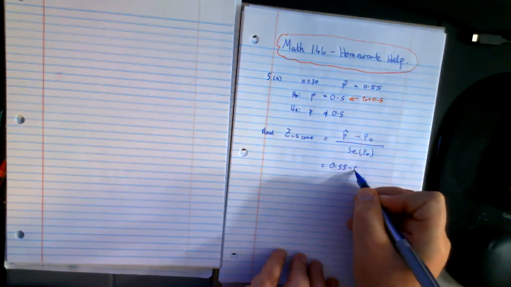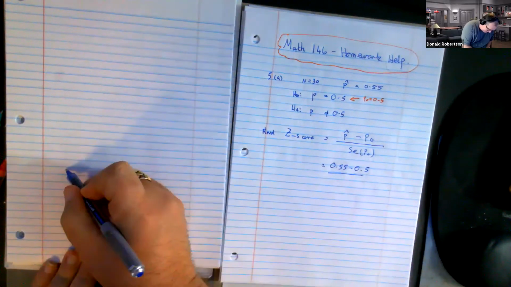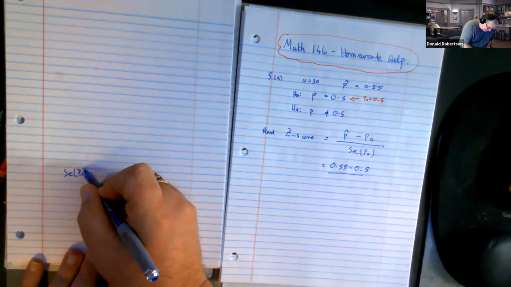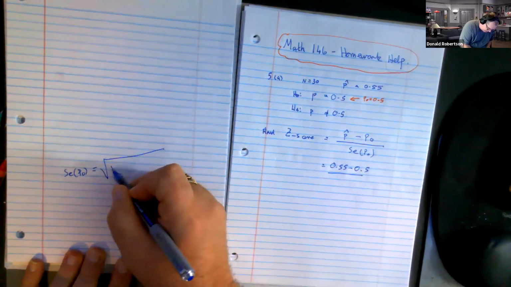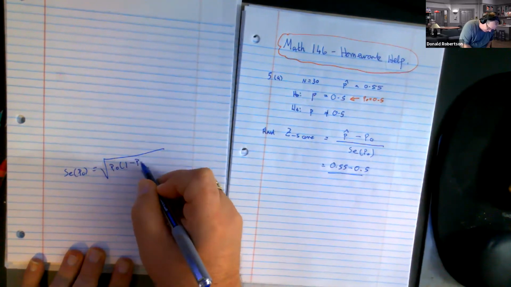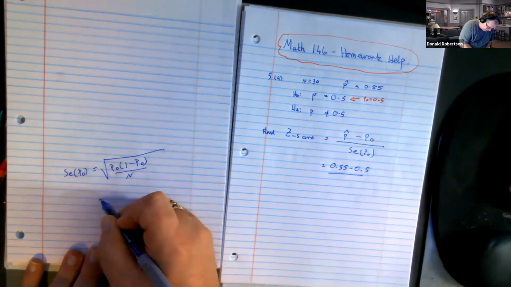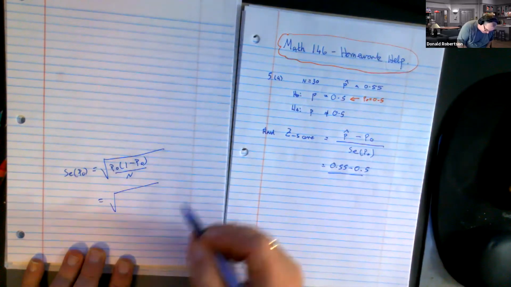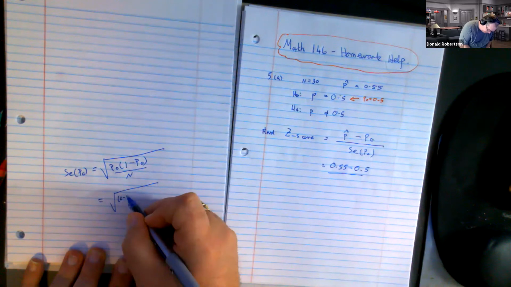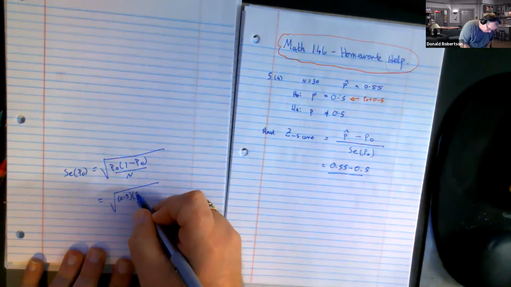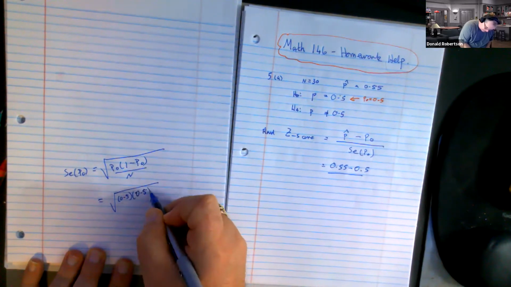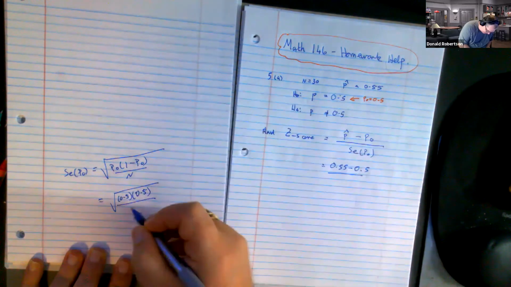So that would be 0.55 minus 0.5. Now, the standard error is going to be the square root of p naught times 1 minus p naught, over n. It's going to be the square root of 0.5 times 1 minus 0.5, which is also 0.5, divided by 30.